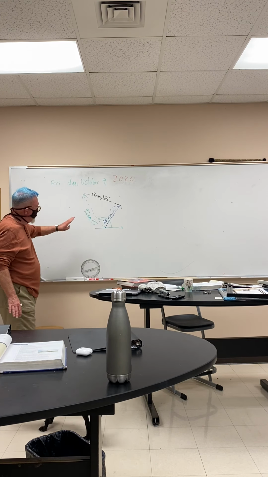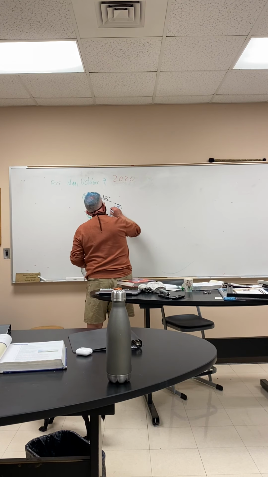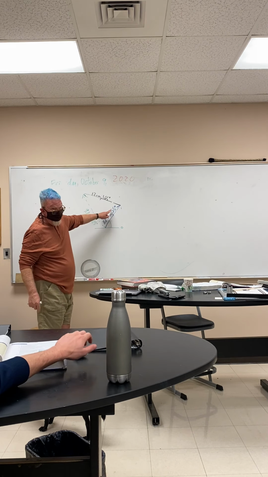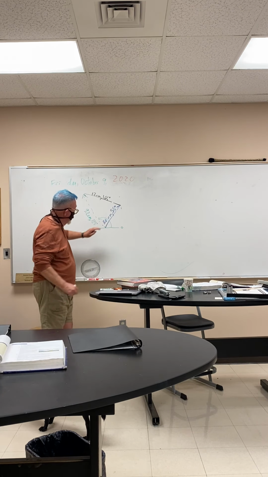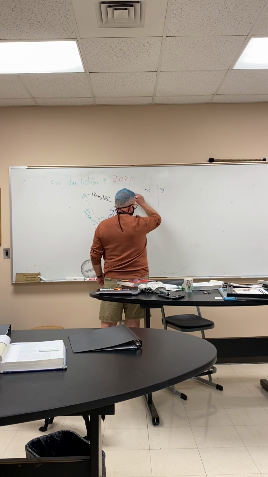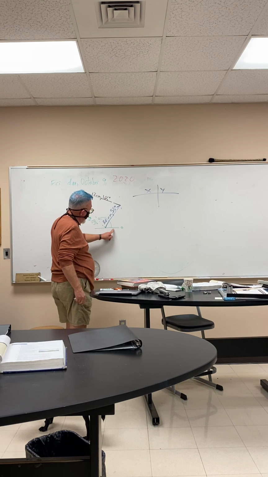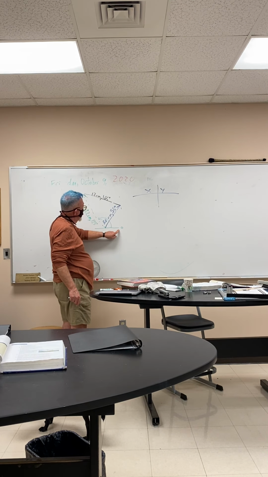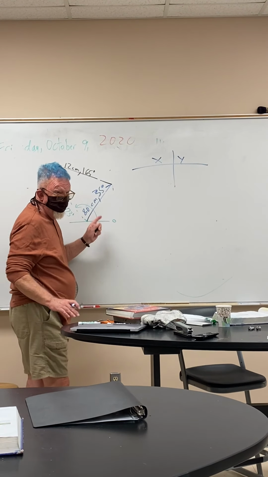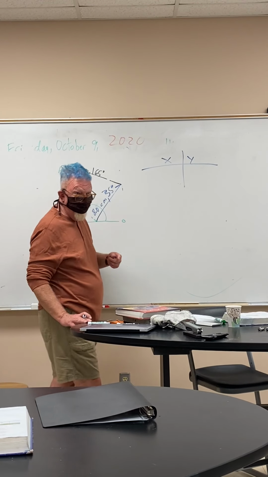So if we want to do an XY method of solving this, it's really simple because every vector has an XY coordinate. So we're going to take this one, and the x component is going to be cosine of theta, cosine of 35 times 8, which my AP students in the audience have already put in their calculator.